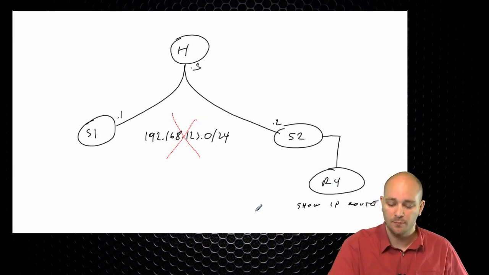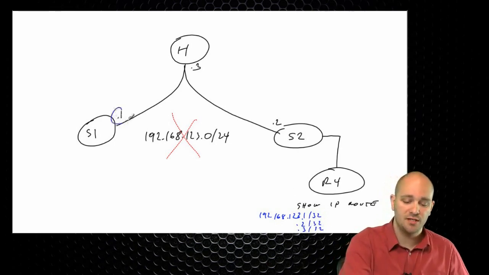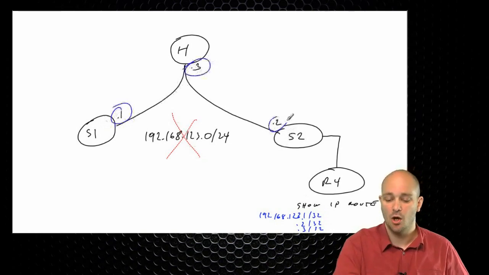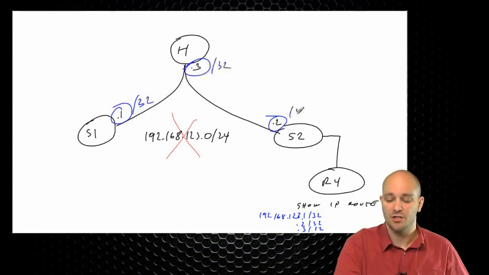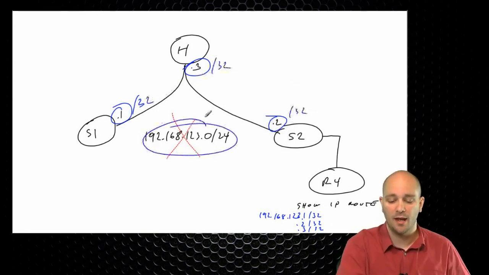What I will see is 192.168.123.1/32, .2/32, and .3/32.